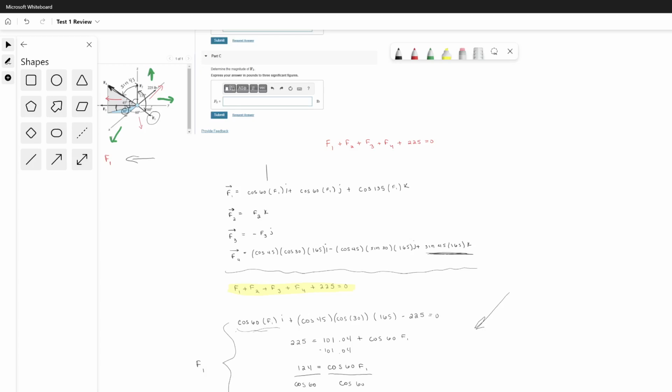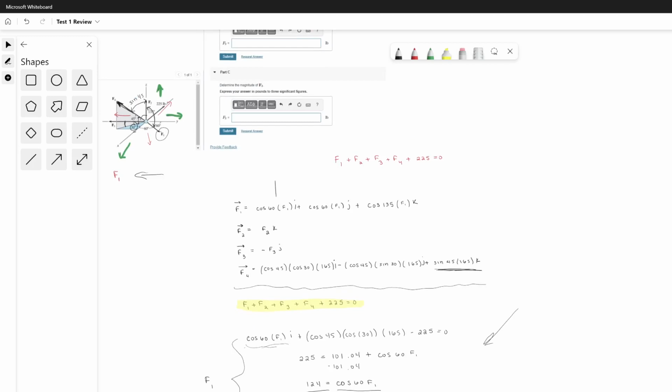So you're going to put the cosine of 45 times cosine of 30 times 165. And then you're going to use minus 225 because it is the force of the fifth, and you have to equal it to 0. When you solve for it, you can see that F1 is 248.